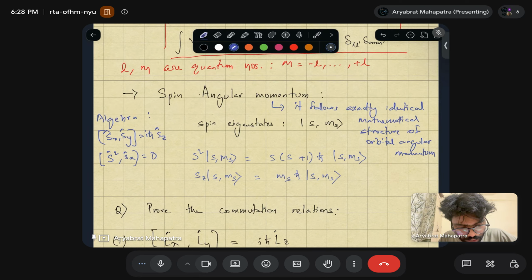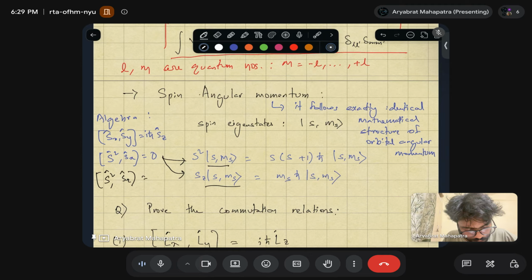And then this tells you that you can write the same eigenstates. S square and Sz also have the same eigenstates, so they commute.